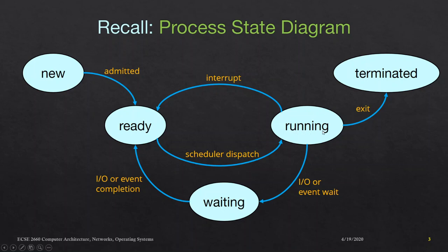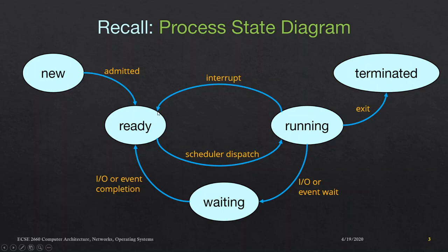If we are right now running a particular process, we might get an interrupt which could again move us back to the ready state, which means we are again waiting for a processor. Or if a process is complete, then from the running state we might exit and go and terminate that process.